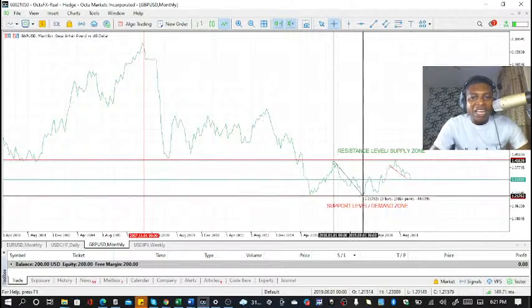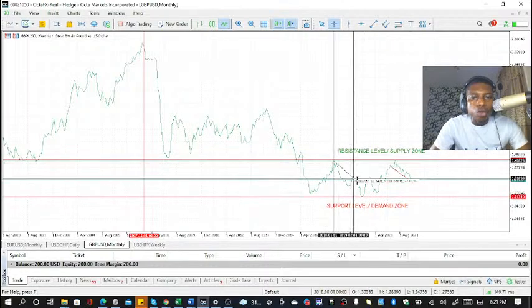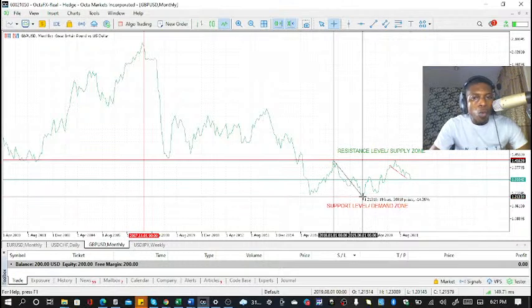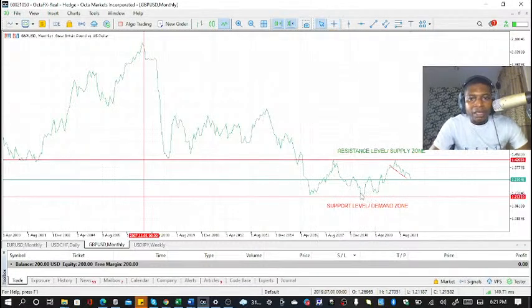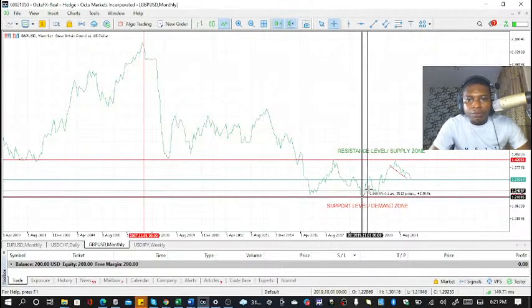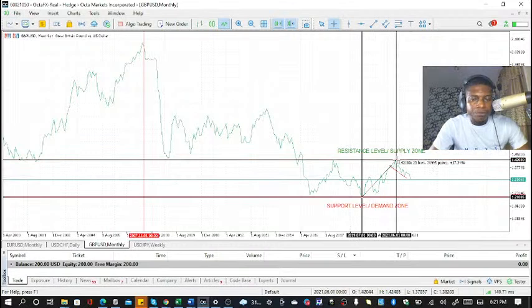Now the price has gotten from this supply zone to the demand zone again, where buyers, traders, investors start buying from this level down to this level.